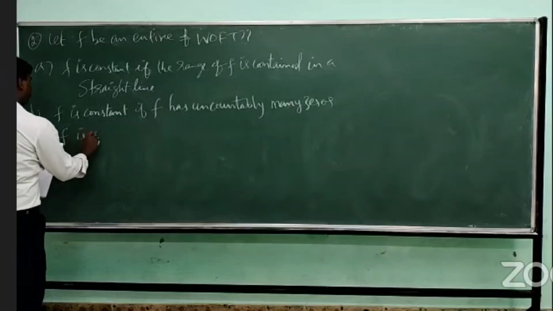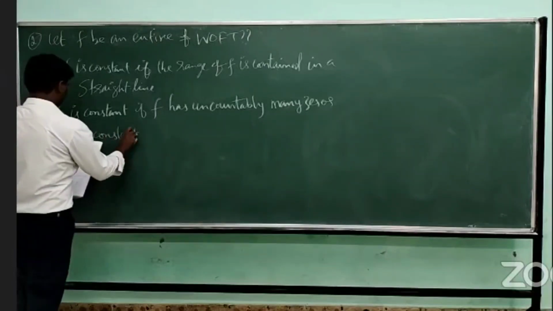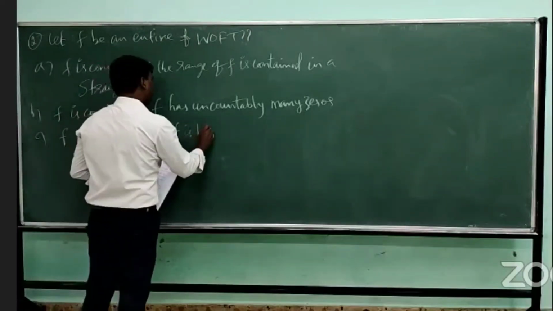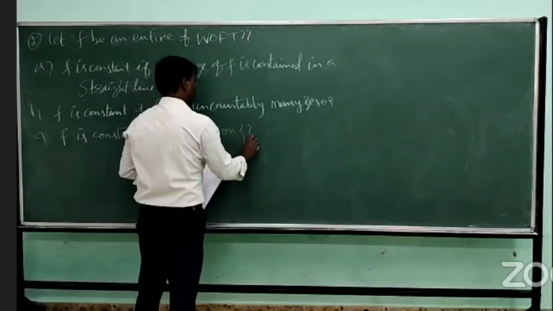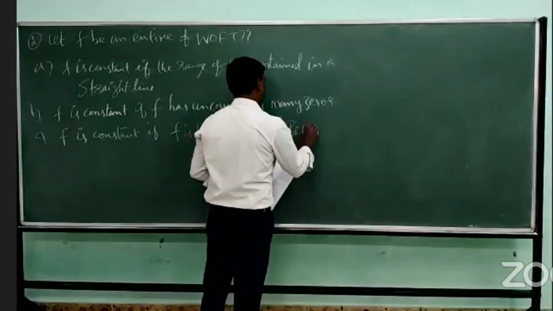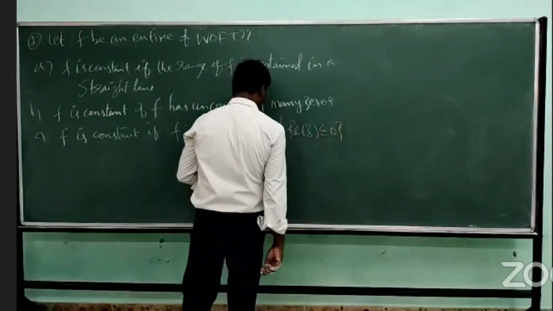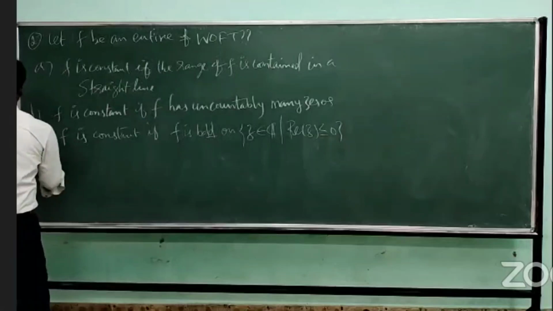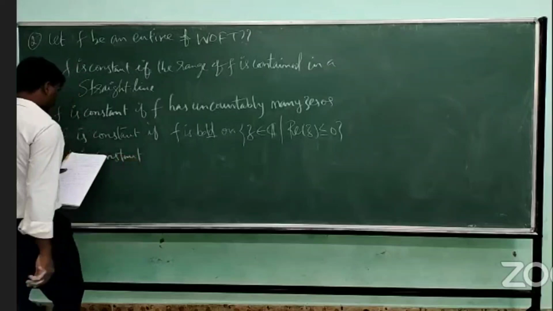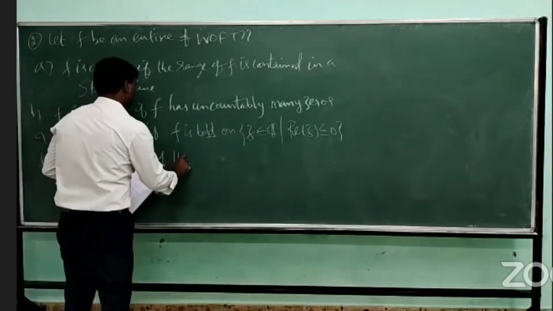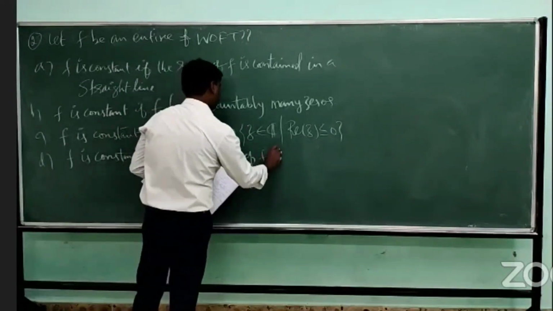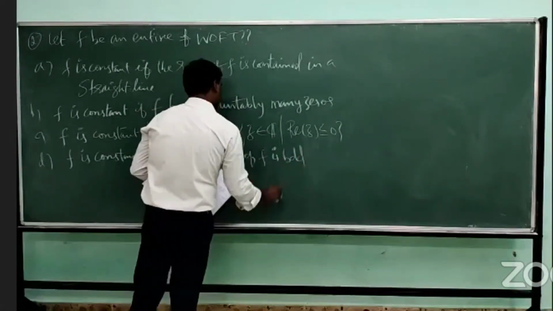Option C: f is constant if f is bounded on the set of all z in C such that the real part of z is less than or equal to 0. Option D: f is constant if the real part of f is bounded.